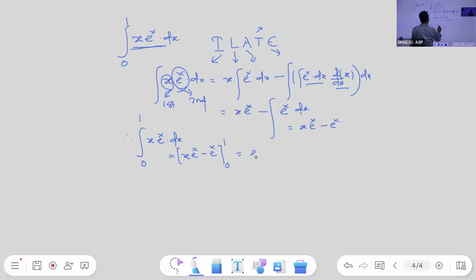It will be e minus e, minus, if you substitute x is equal to 0, this one will be 0 minus e power 0. e power 0 is 1. So minus 1, minus of minus 1 is plus 1. Is it clear now, Nasreen?